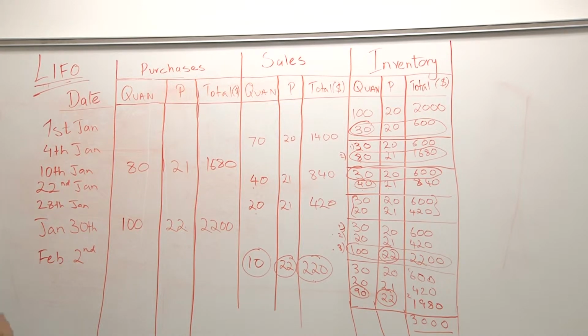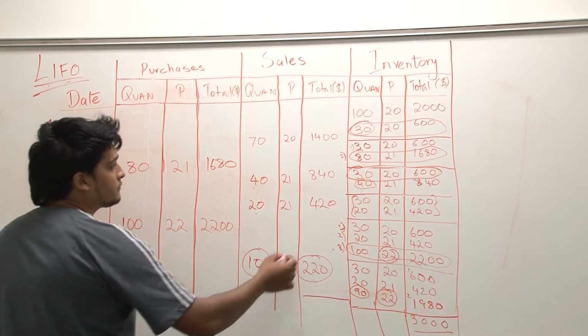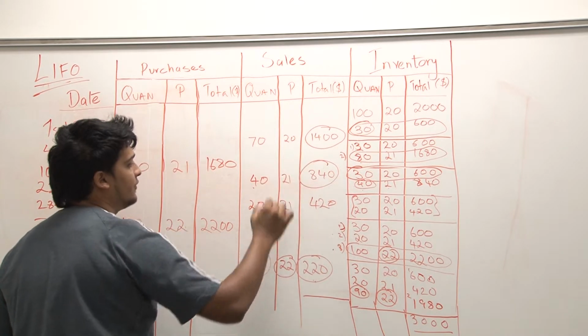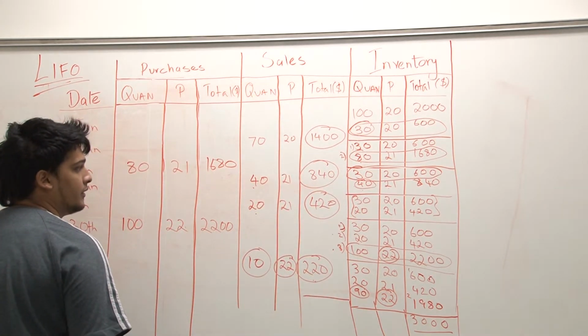Okay, now what is my total sold merchandising? My total sold merchandising will be 1,400 plus 840 plus 420 plus 220.